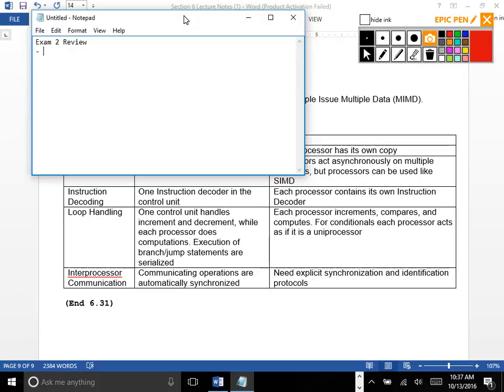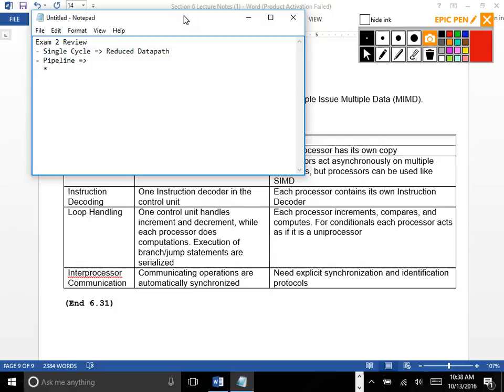What do you think will be on the exam? Pipelining? Okay, so that's one thing. What specifically about pipelining? Okay, so that's single cycle. So in pipelining, what might be there?